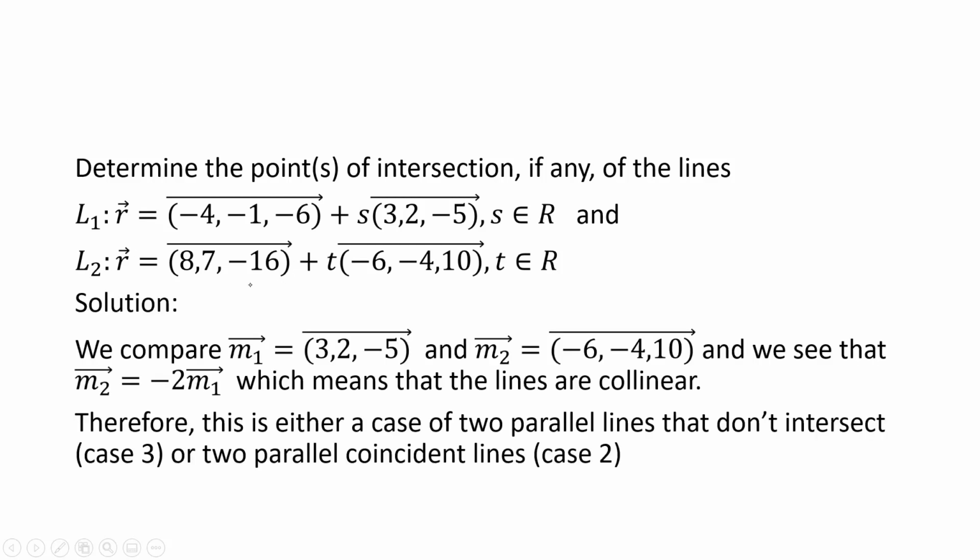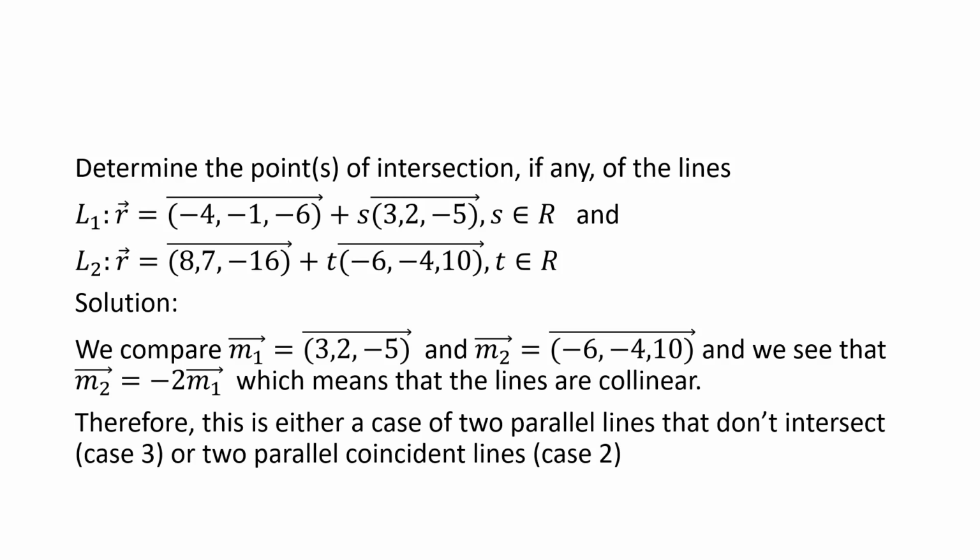It seems like my pen's not working at the moment. But just looking at those direction vectors, the first is 3, 2, -5, and the second is -6, -4, 10. So that means the lines are collinear.